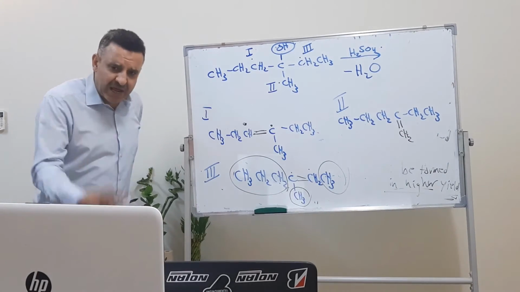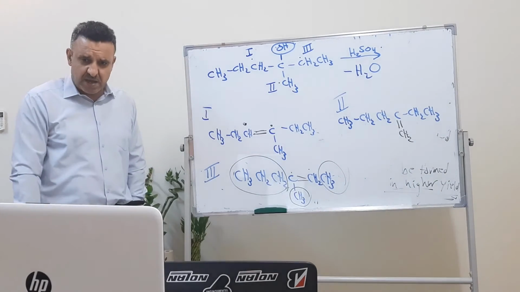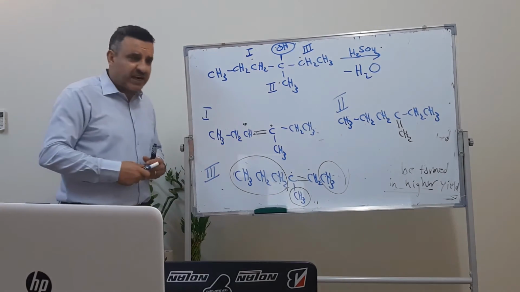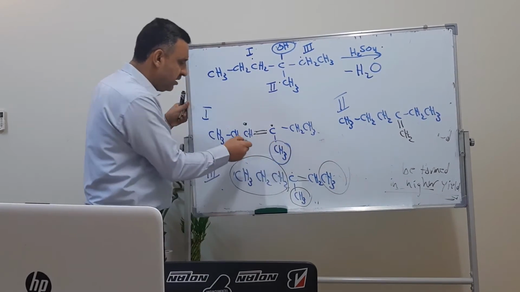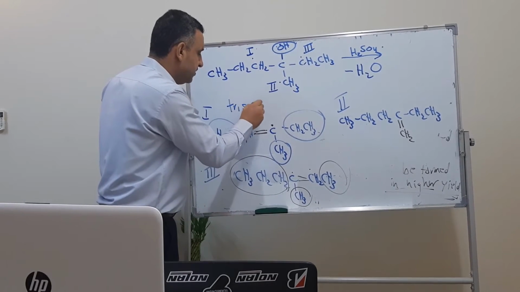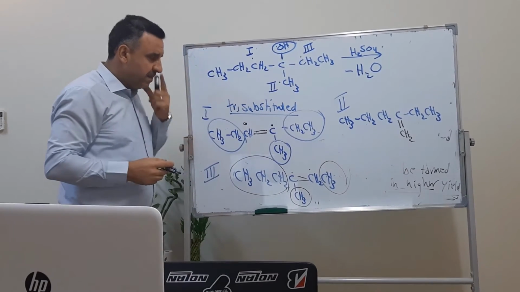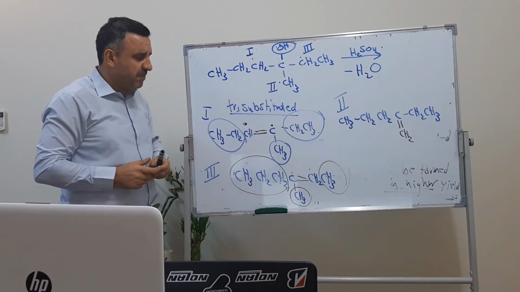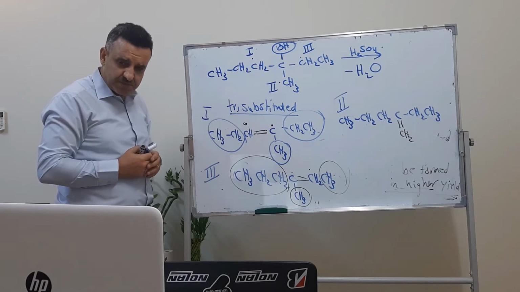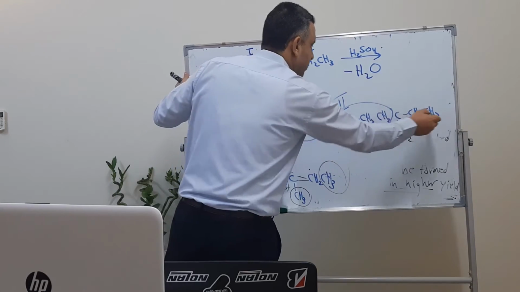How many carbon atoms are attached to these 2 carbons? The total: 3. Yes, very obvious. Straightforward. So this is 1, 2, 3. So this is again tri-substituted. Do you follow me? What about the structure number 2? How many alkyl groups are attached to structure number 2? Exactly, 2. So this and this.